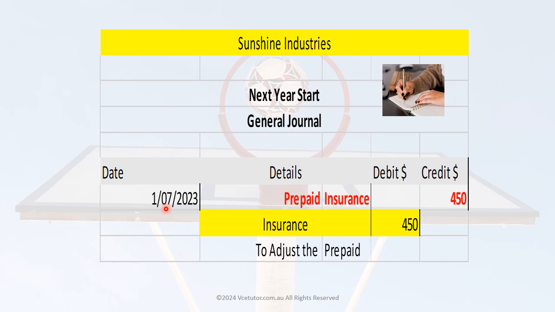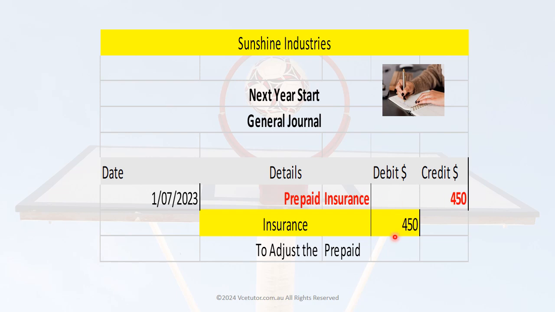Usually, the bookkeeper or accountant is not the one to be doing this. And it is not really supposed to be done on 1/7/2023. If you go by when it was used up, we have seen insurance per month is 150. So we should have an entry on 31st July: prepaid insurance we should close by 150 and bring insurance expense 150.